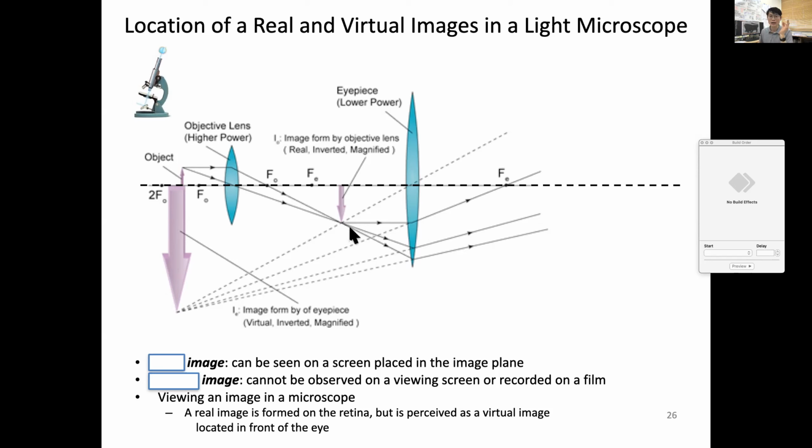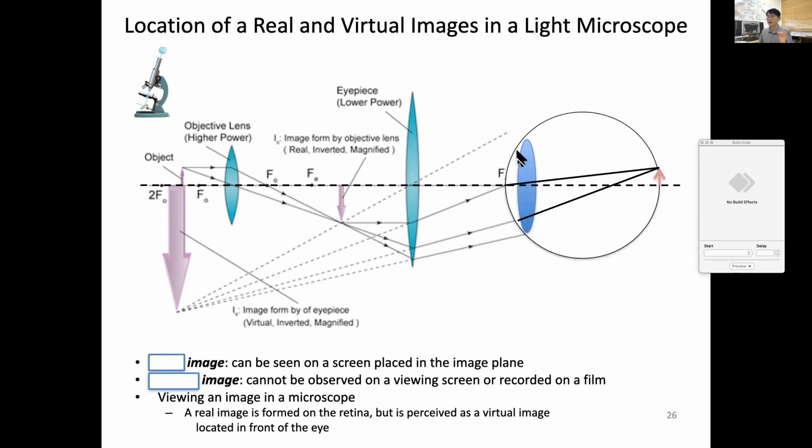Let's apply the geometry of this one more time. The parallel ray will pass through this focal point, f sub e, and then the other rays bend. The problem is this distance is shorter than the focal length, so that means the rays will not converge in this space.